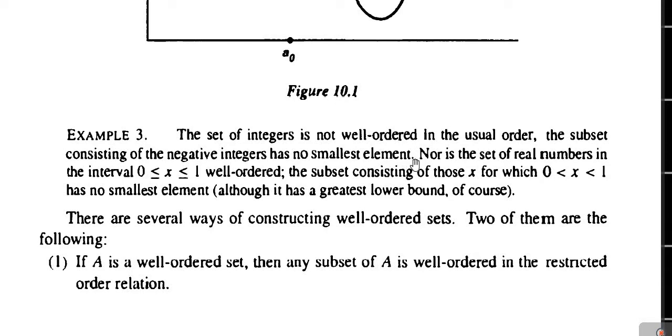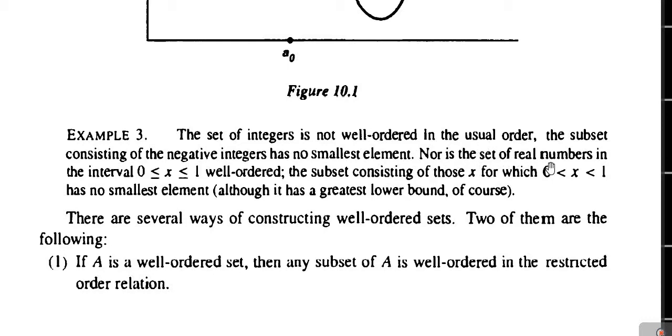If we consider the non-empty subset of the set of all integers which is the set of all negative integers, then we know that the set of negative integers does not have the smallest element. Therefore, the condition of becoming a well-ordered set fails. Therefore, the set of all integers is not well ordered in the usual order.